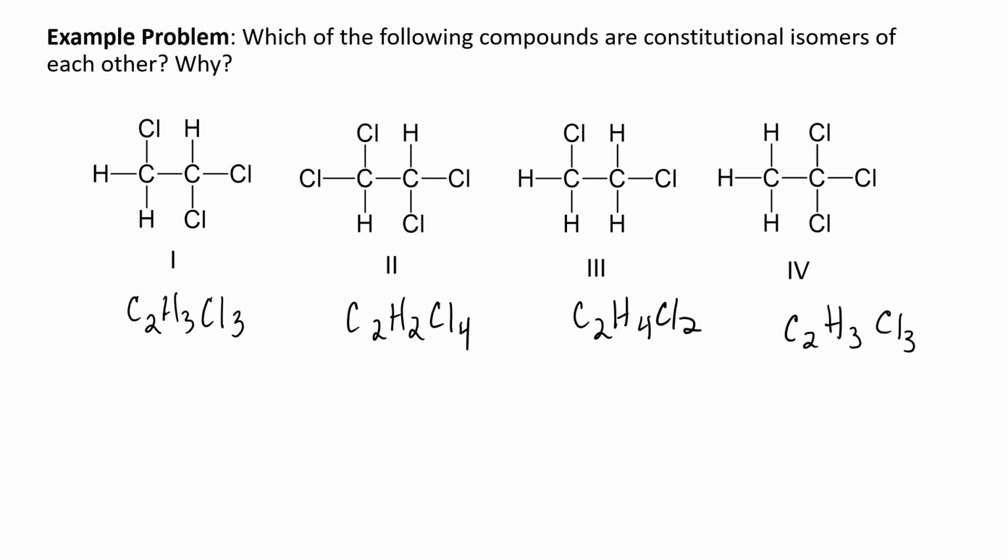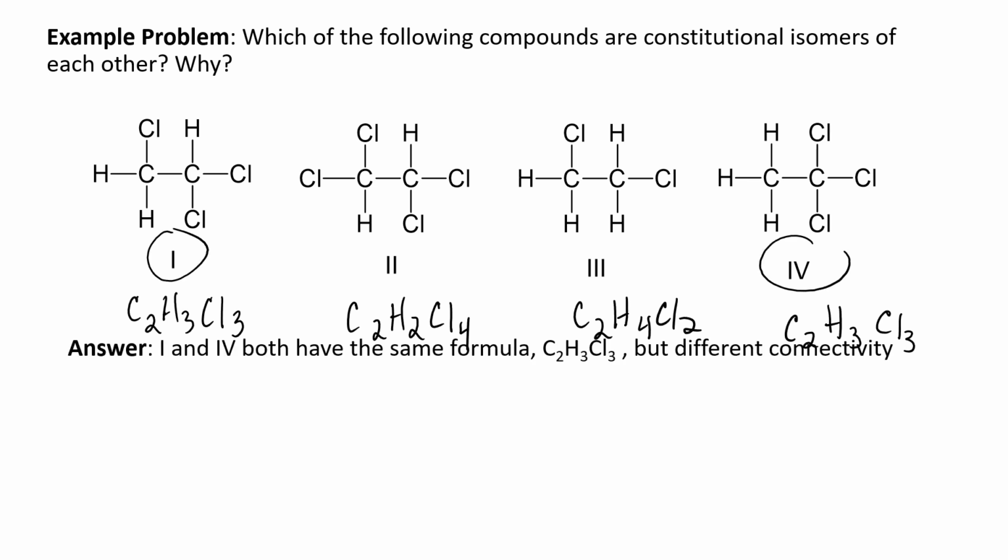Looks like compounds 1 and 4 are constitutional isomers because they have the same formula but a different connectivity of the atoms.